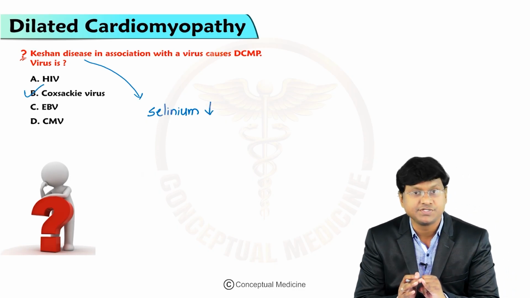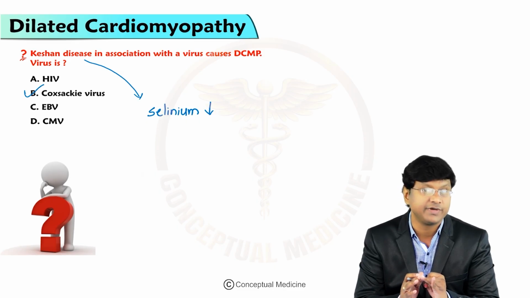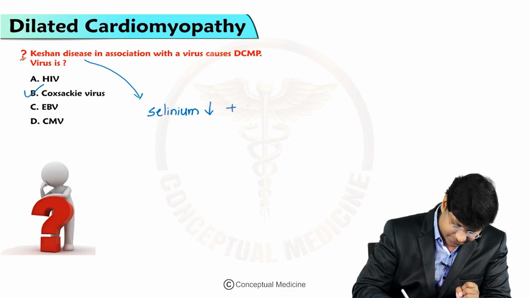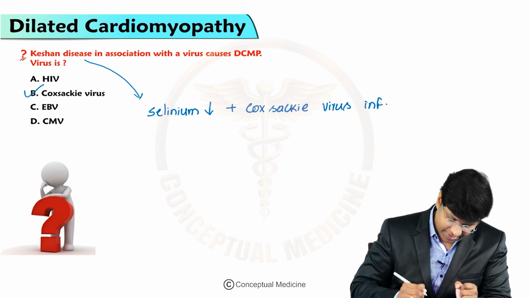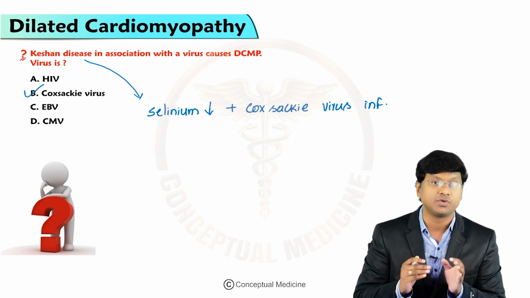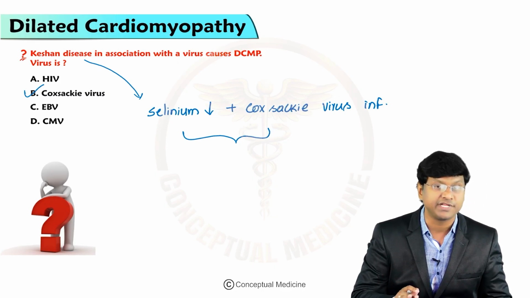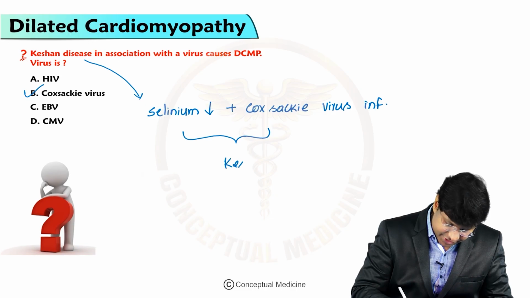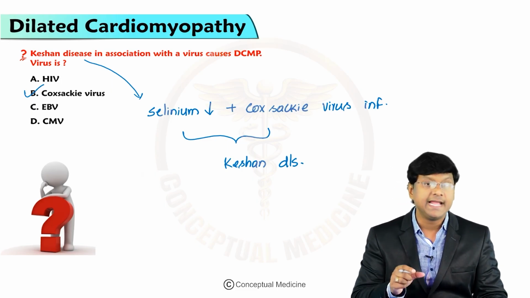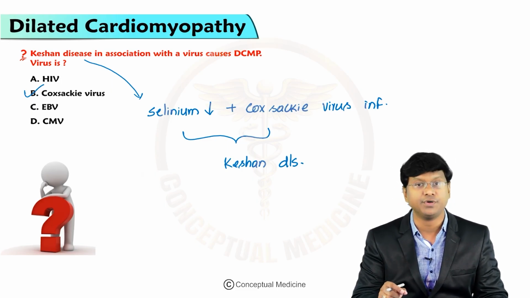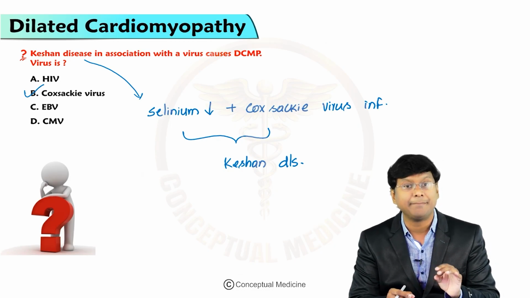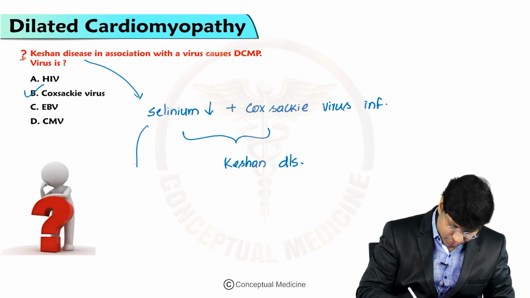Selenium deficiency in combination with Coxsackie virus infection can lead to the development of a potentially fatal condition that is called Keshan disease. And this selenium deficiency also contributes to Cashin-Beck disease.